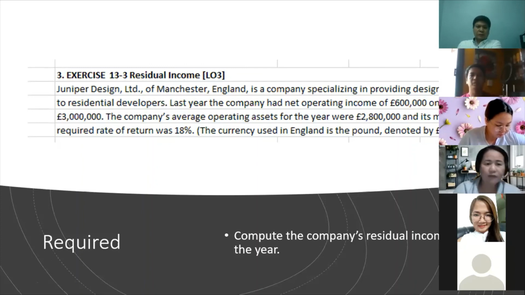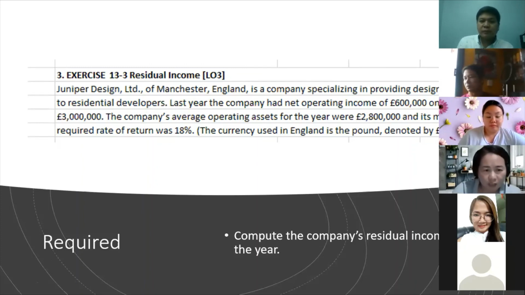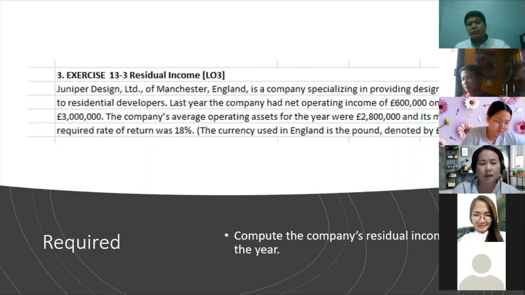The company's average operating assets for the year were £2,800, and its minimum required rate of return was 18%. Required is to compute the company's residual income for the year.